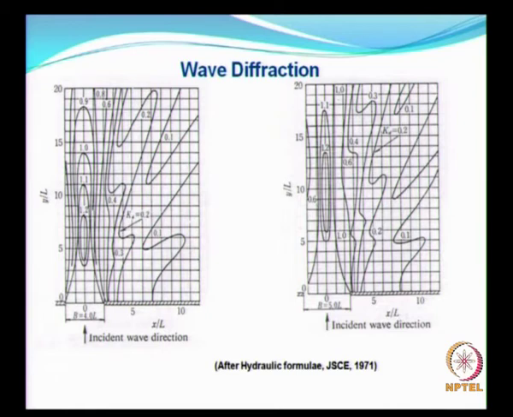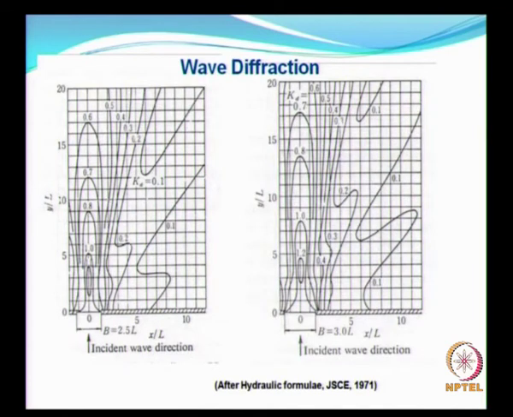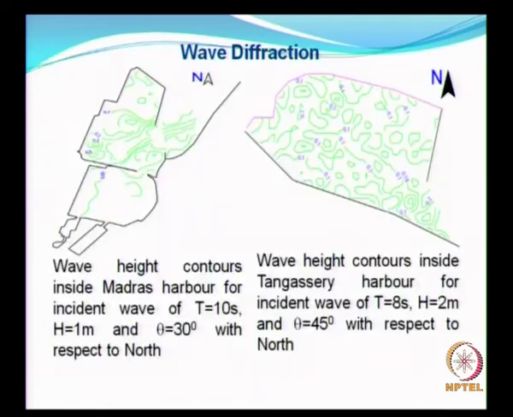What you should do is you should carefully look at all these results. Once you sit down to understand the lecture, then you will be in a position to appreciate more. So this again is for 2.5 and 3 times the wavelength.